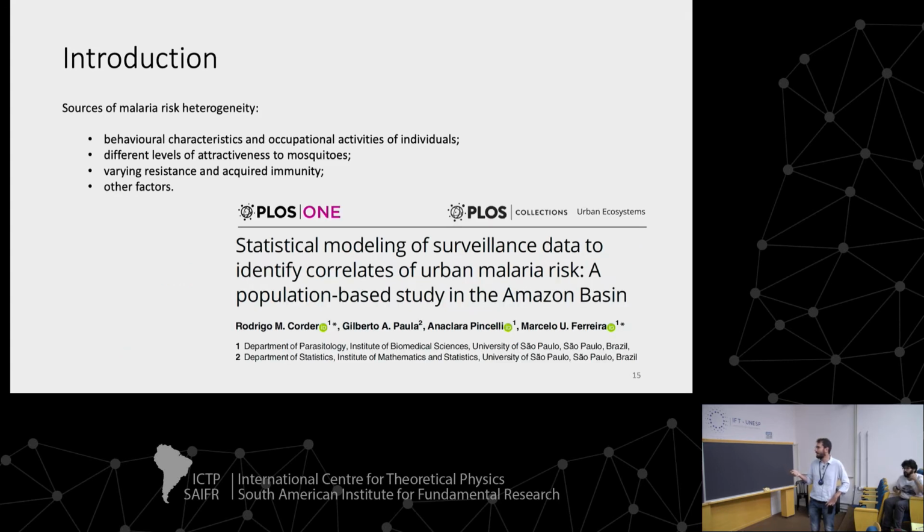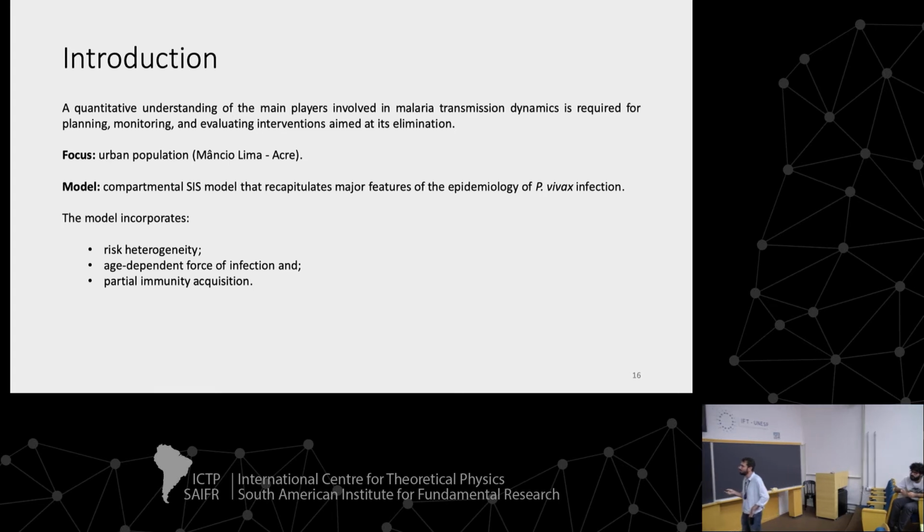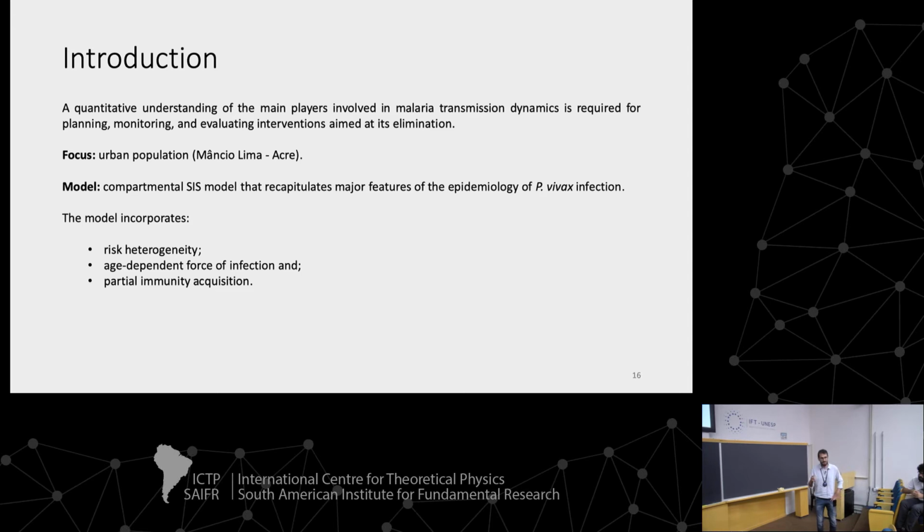And regarding our study setting, we already found some risk factors in the area, characterizing this heterogeneity in transmission. So then we want to build a very simple SIS model and try to incorporate some features in the model, and we want to describe how the transmission is going in this area.